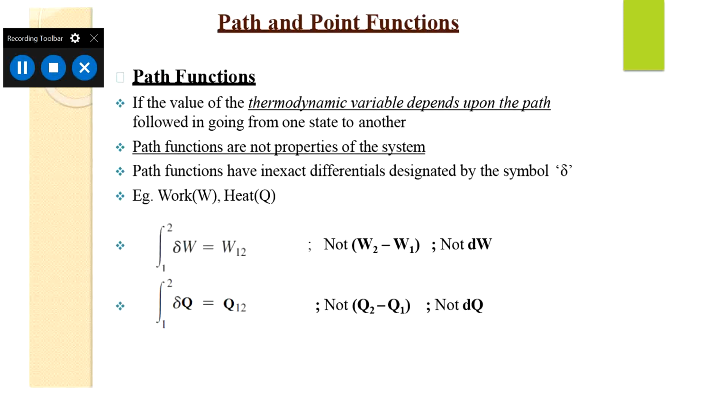The next topic is path function and point function. If the value of a thermodynamic variable depends upon the path followed in going from one state to another, then it is a path function.